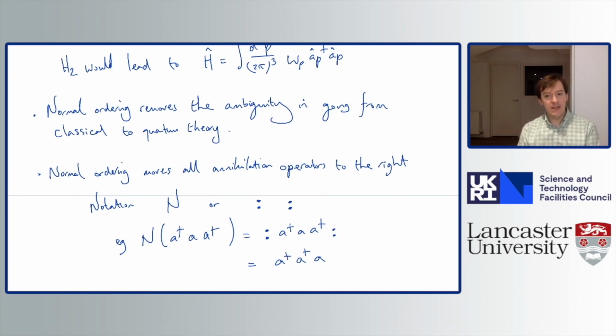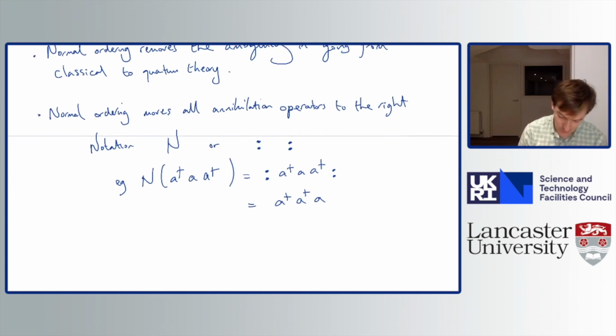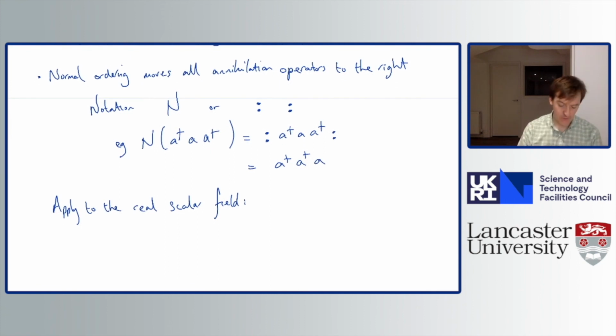Okay, so what we can then do is apply this normal ordering procedure to the real scalar field. Or at least the Hamiltonian that we got from the real scalar field.